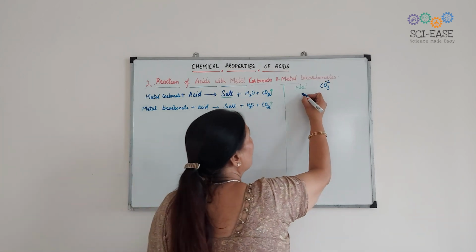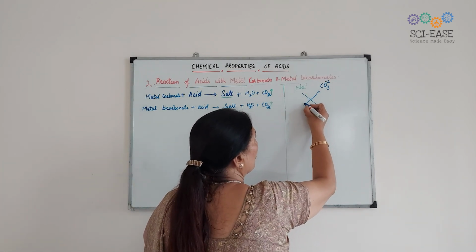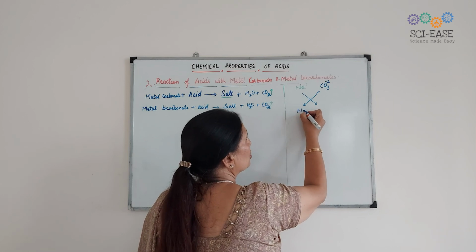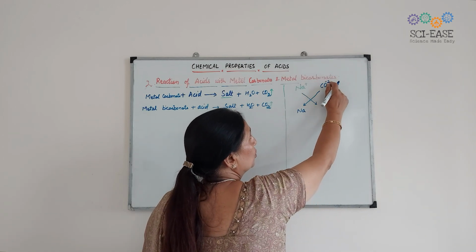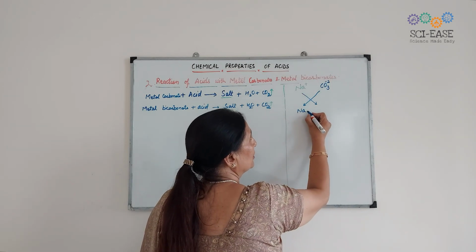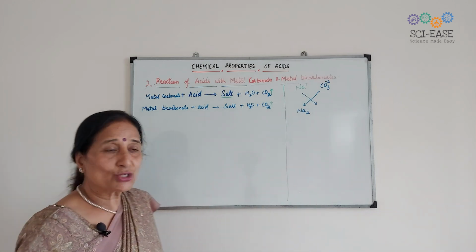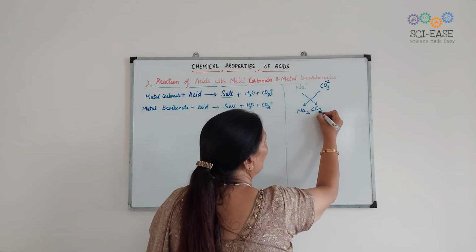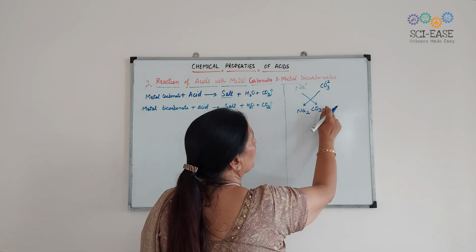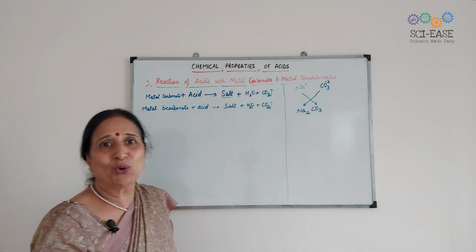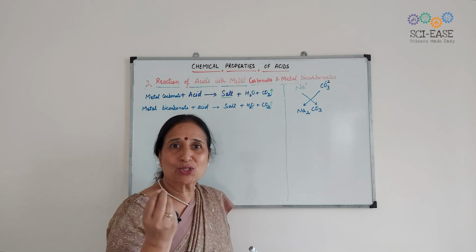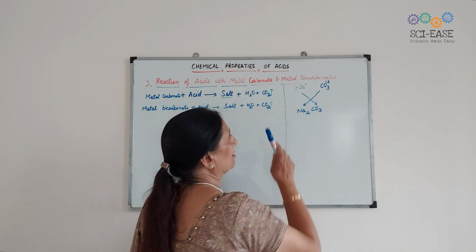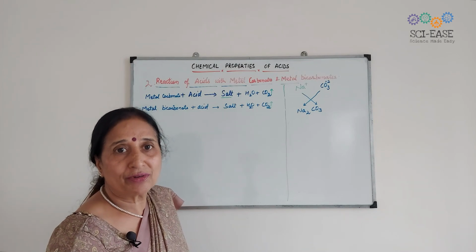When we cross it, what will be the result? The 2 will come at the foot of sodium. And carbonate, CO3, has valency 1, so we will not put 1. So the formula will be Na2CO3.